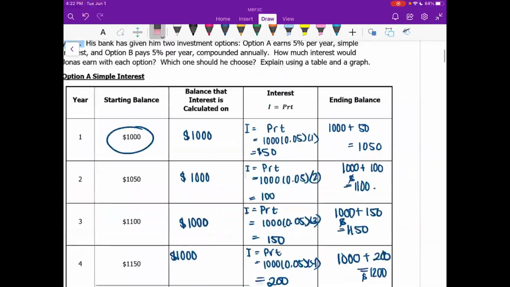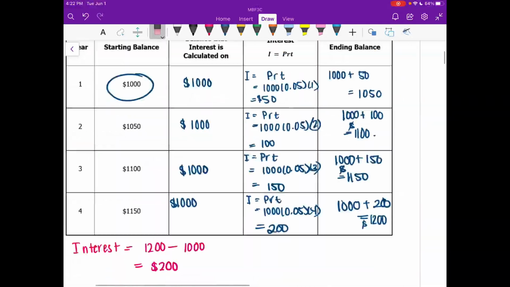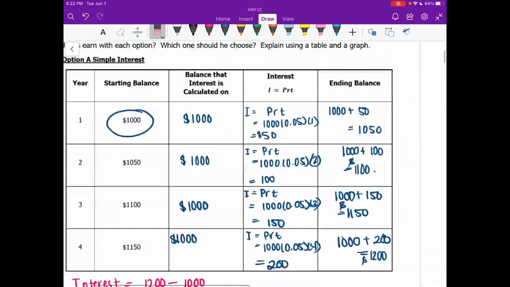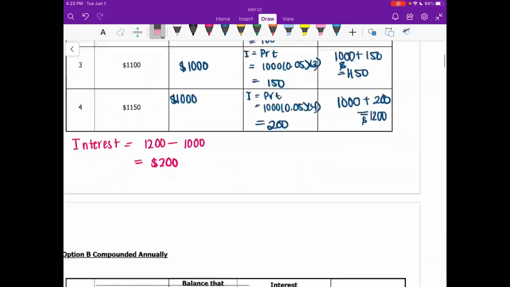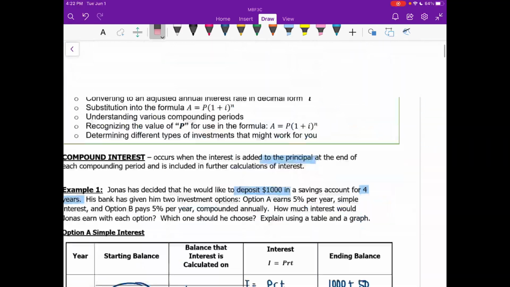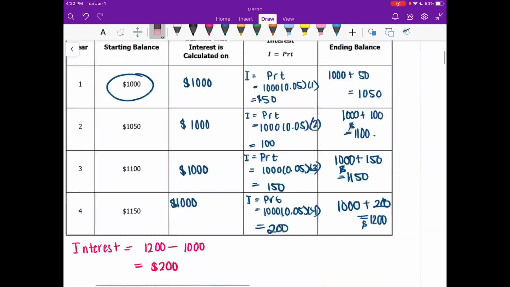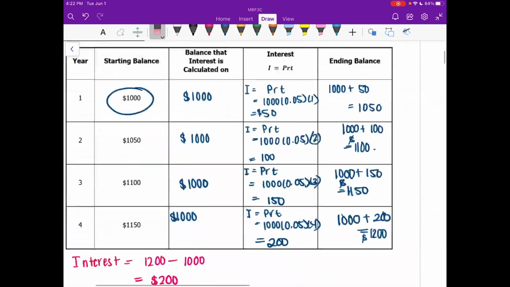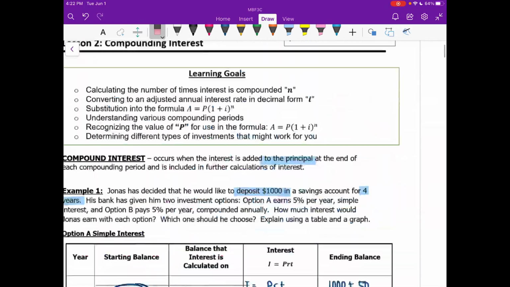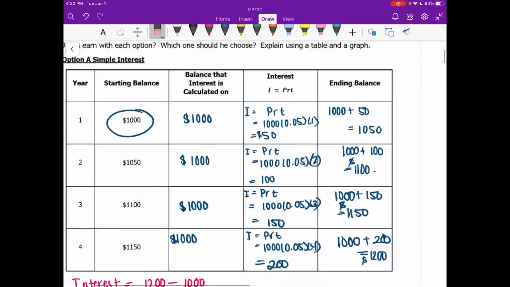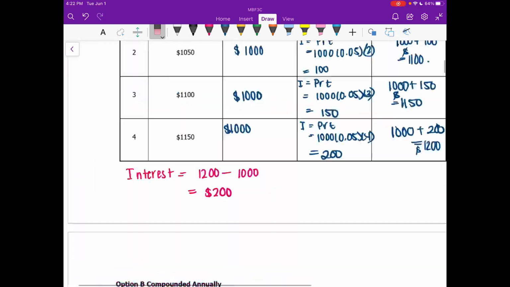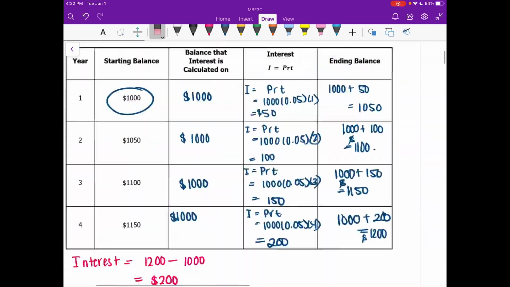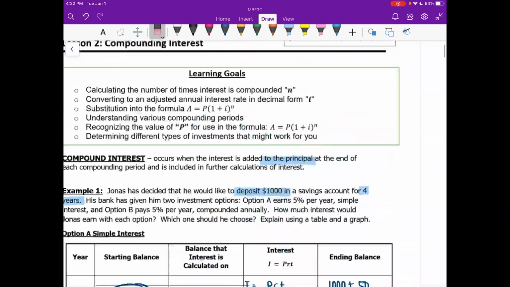So i is going to be APR divided by 12, and n is going to be number of years times 12. So let's find our i. Our i is just 12%, which is 0.12 divided by 12, which is going to give us 0.01.